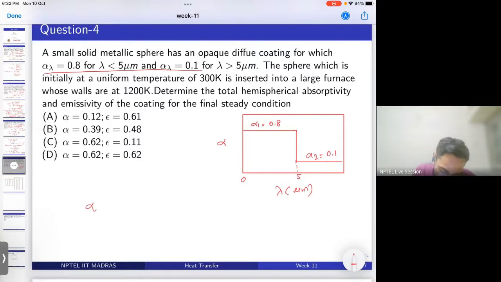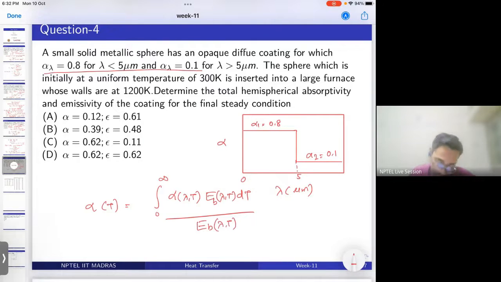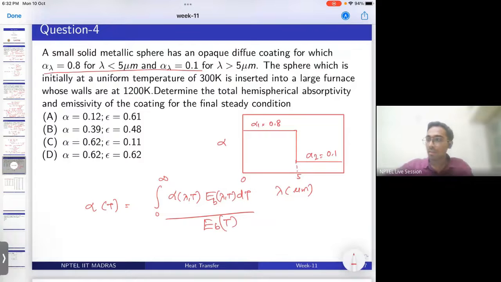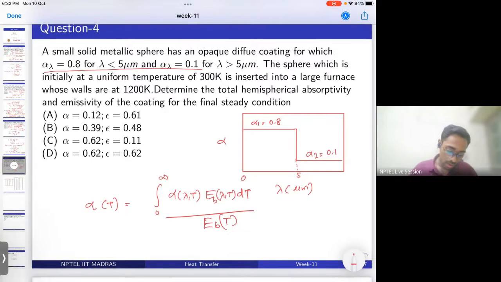That is, alpha at T is equal to the integral from 0 to infinity of alpha lambda at T times E lambda at T d lambda, the whole divided by Eb at T. So this is our expression for absorptivity. Here in this question, T is equal to 1200 Kelvin.